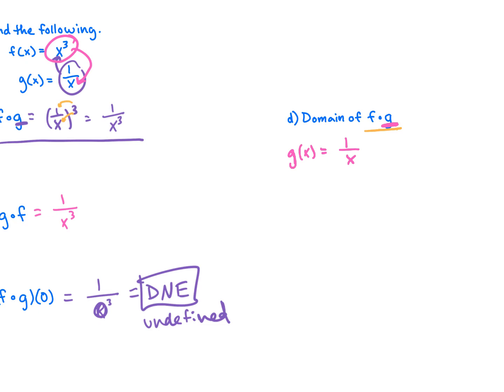The only restriction we have here is that the denominator cannot be 0. So the x in the denominator cannot be 0. So x cannot be 0. It can be any other number except 0. So on my number line, I'm going to start with that. At 0, I'm going to have a hole there, but every other number works.